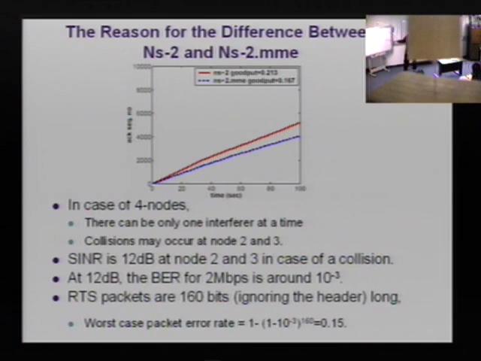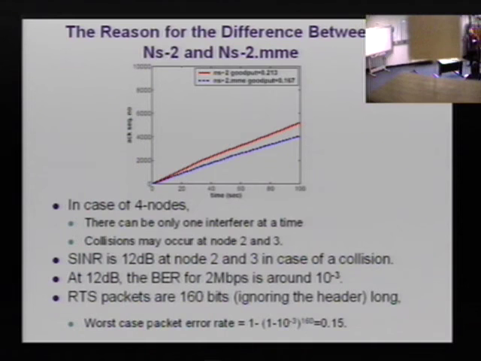When node 1 is transmitting, node 4 may transmit, and there might be a collision here. Or otherwise, there might be a collision at N3. So when there is a collision, because of the design of the scenario, this SINR is 12 dB. And when you look at SINR of 12 dB with 2 megabits per second, you get a bit error rate of 10 to the minus 3, which is not enough to have a good packet error rate.